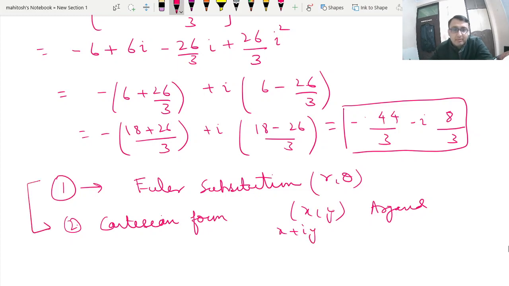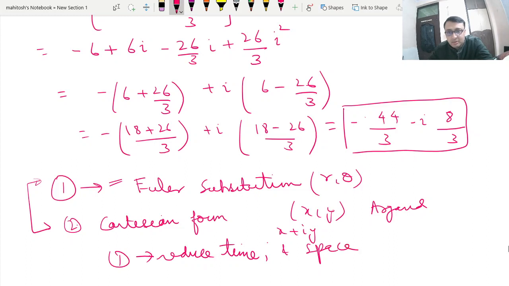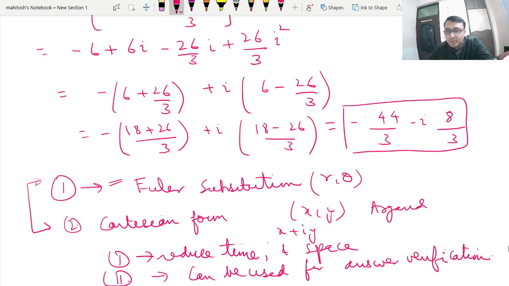The key takeaway from both these methods is that in such line integrals Euler substitution will work out, and the first method will reduce time and space. The second method, if it strikes you, can be used for answer verification. So that was the whole purpose of doing this question by both methods.